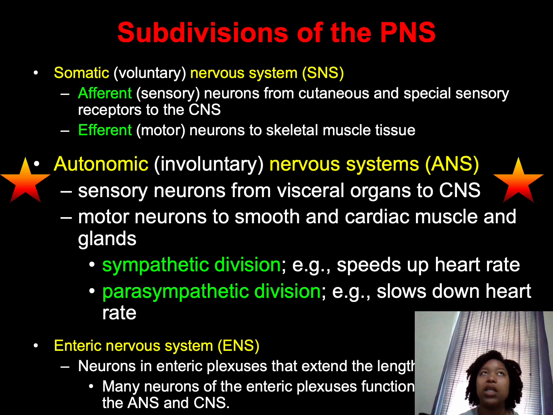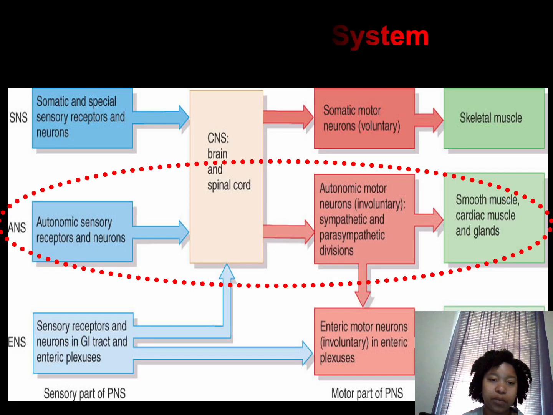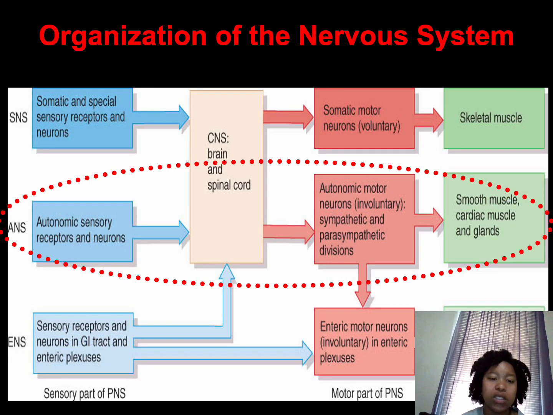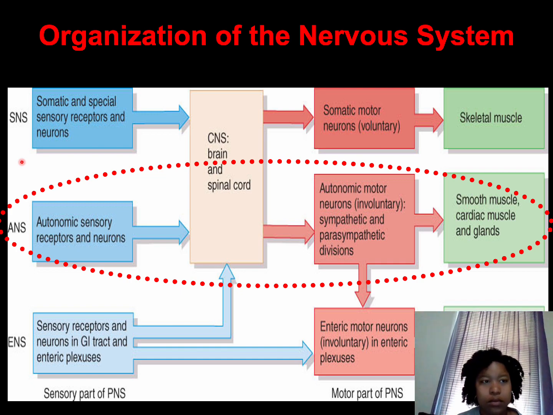So technically it's not 100% self-sufficient because there is involvement from other areas, but it's a good way to distinguish it when you're talking about specific parts sometimes. And this is that organization of the nervous system, this picture that we've seen a lot, but again, we're going to focus right here with the autonomic nervous system.